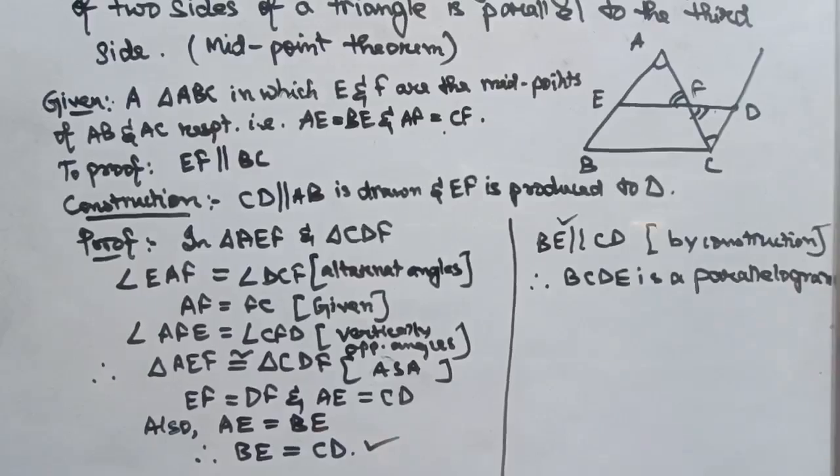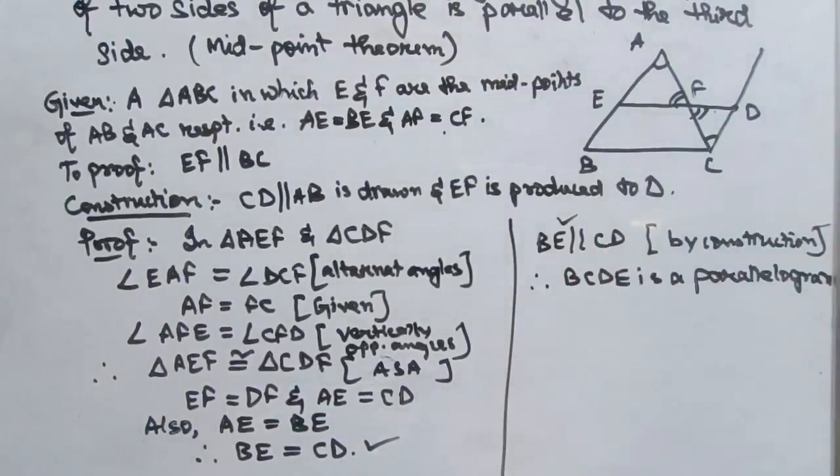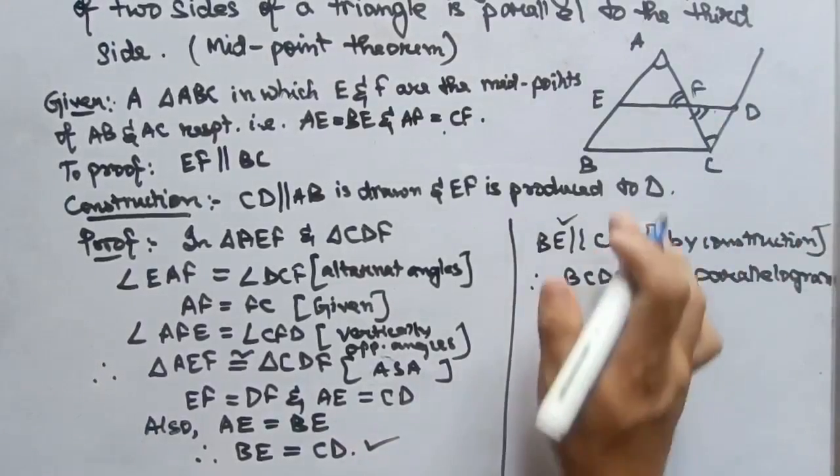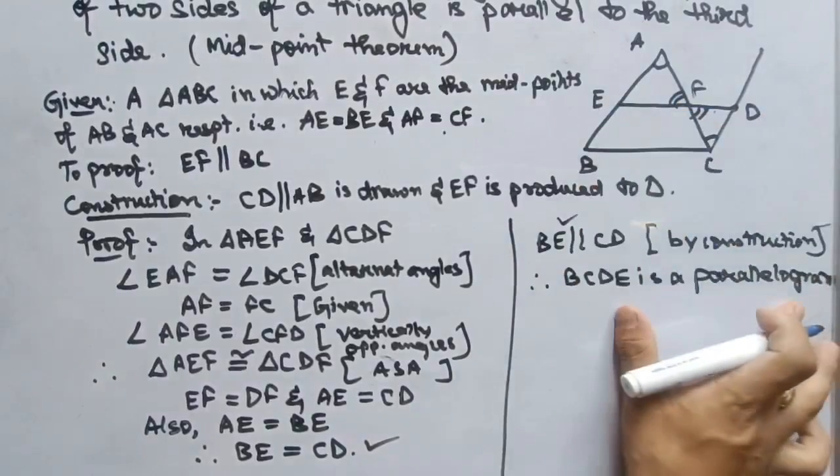Since one pair of opposite sides are parallel and equal, we can say that the quadrilateral BCDE is a parallelogram.